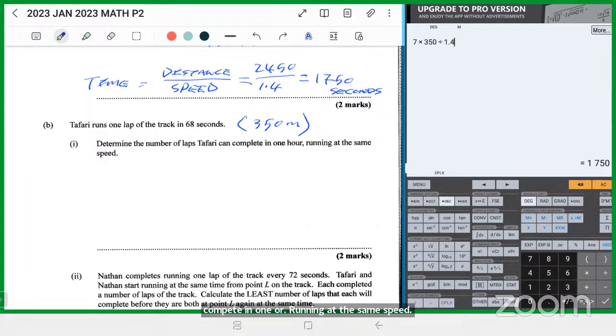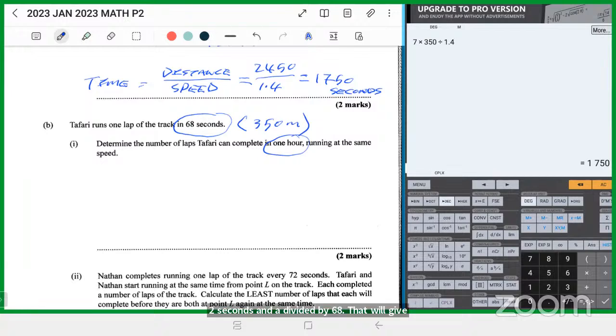Now, this can be done multiple ways. We can find out how many 68 seconds exist in 1 hour, right? And that will basically be the number of laps because he's doing one lap in 68 seconds. So we would have to break the 1 hour down to seconds and then divide it by 68. That will give you the number of laps.